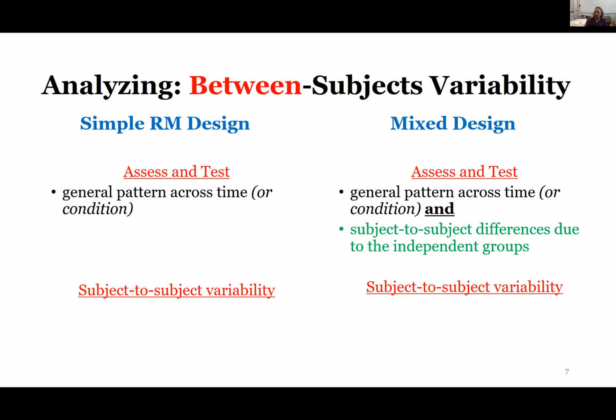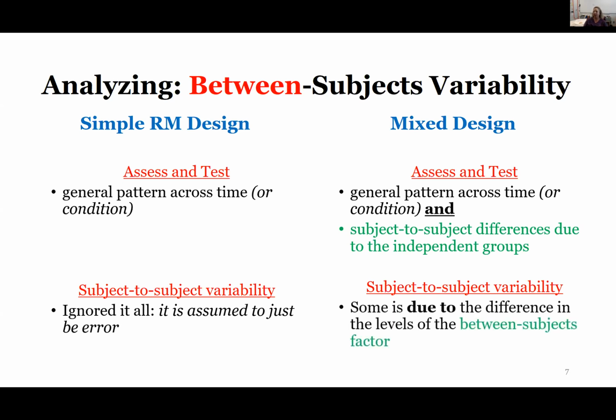When we did the simple repeated measures design, we ignored subject to subject variability. We assumed that it was just error. Here, we're going to say some of the subject to subject variability is due to their sex, which group of sex they fall into, or which age group at married they fall into.